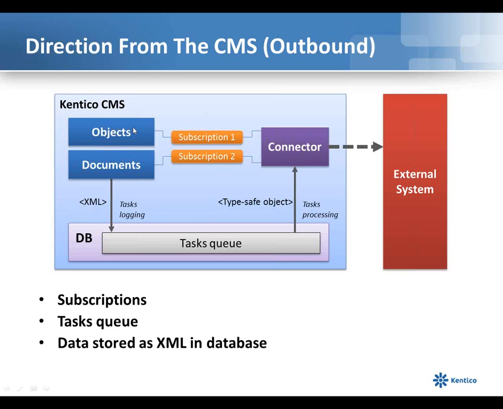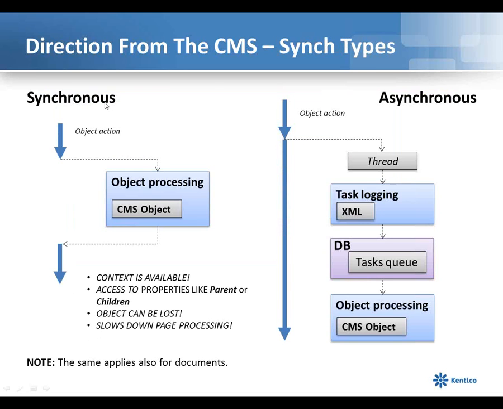So the object changes, it jumps into the connector, and you can contact the external system. So it does not go through the task queue. That's basically synchronous processing. So within the page request, whenever something happens, the object is changed, we're going to process the object. It will contact the connector itself, and then whatever you do in here, the processing continues.